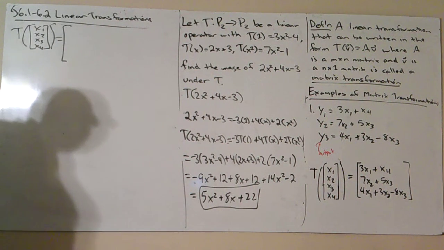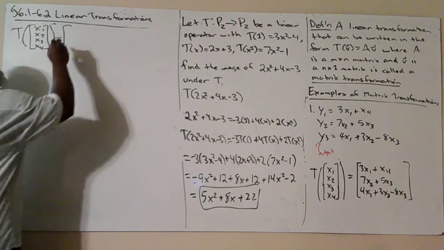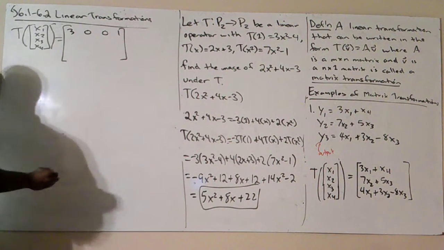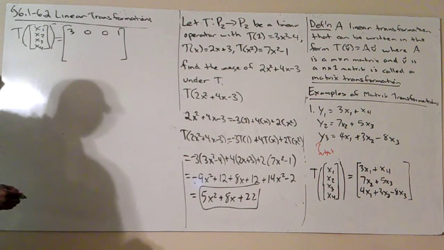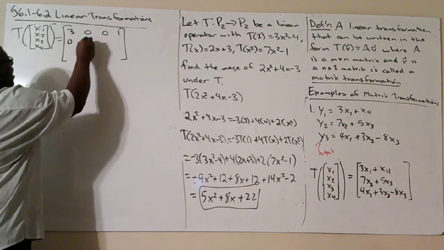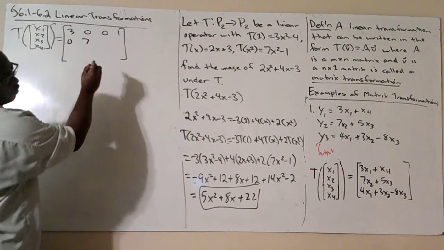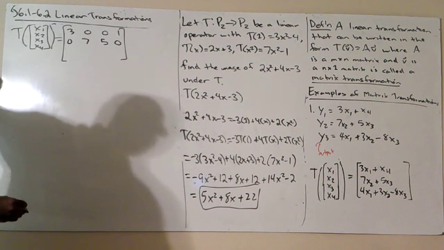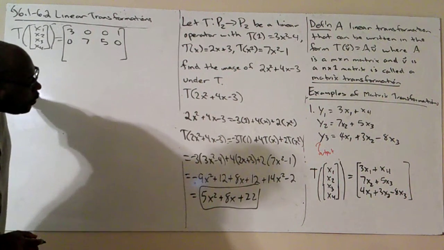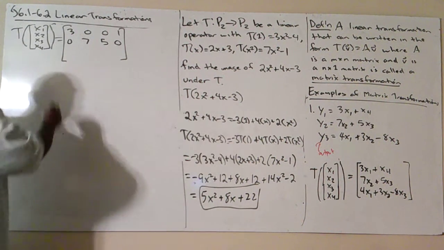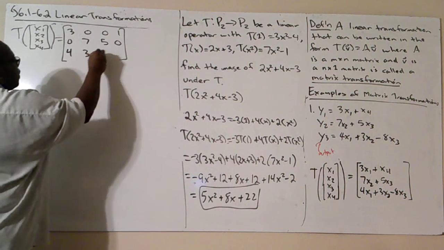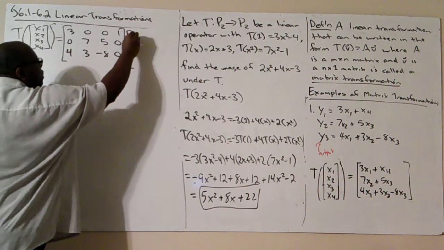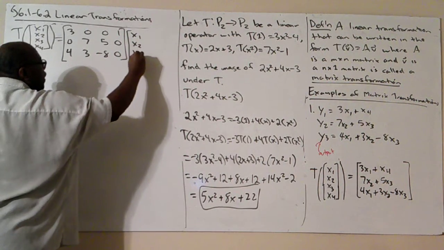If I have a coefficient matrix, it's going to be 3, 0, 0, 1, then 0, 7, 5, 0, and the last row is 4, 3, negative 8, 0. And then I have my matrix x1, x2, x3, x4.